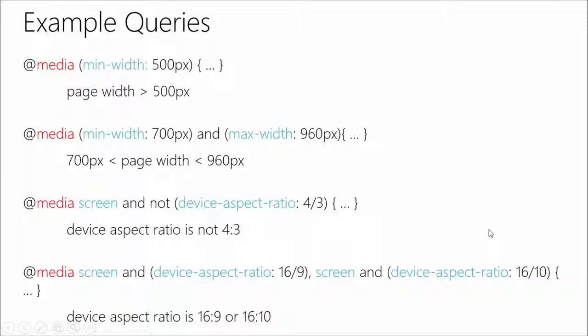I think the device aspect ratio ones are not as useful as the page width ones, and in fact those are the ones we're going to be working with. We're going to add all these into the page that we created in module 3, so we're going to make our module 3 page a bit more responsive. The elements will resize based on your page width.